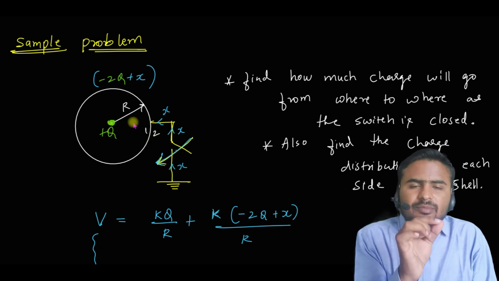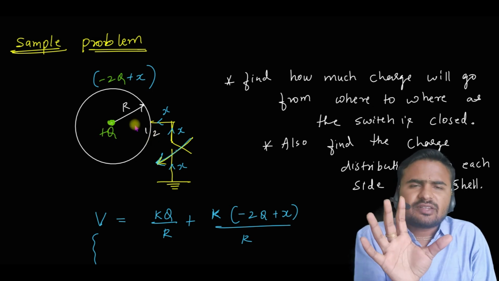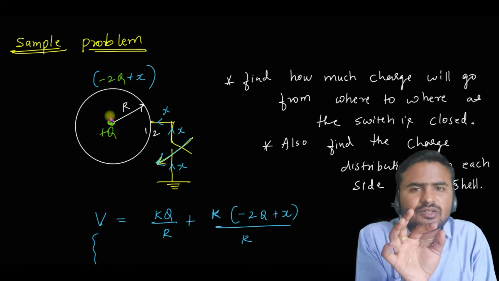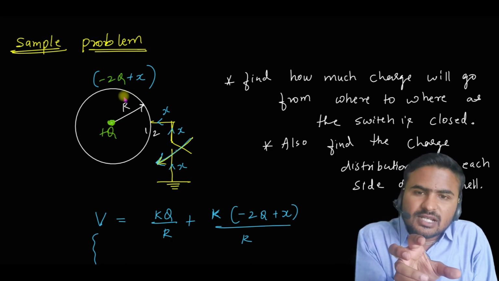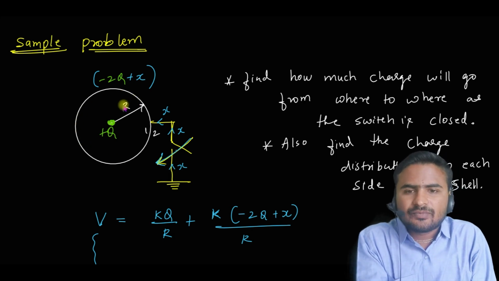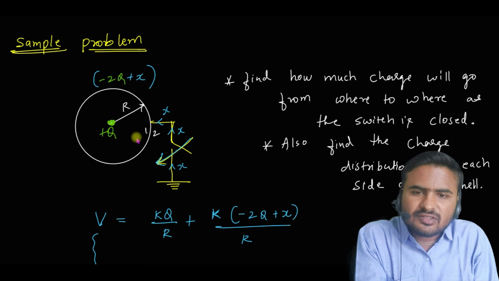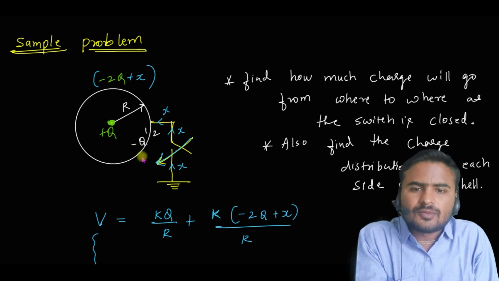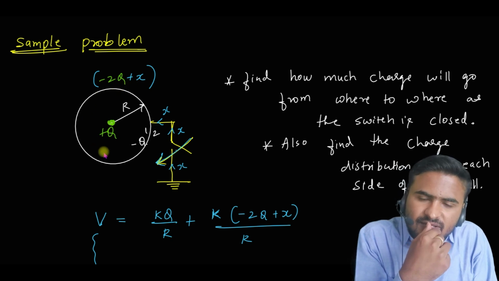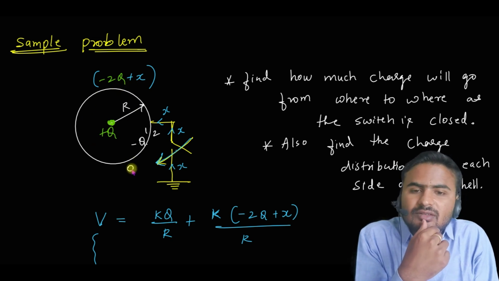See, always remember, one simplest way to understand is, whatever charge you have inside the shell, the same amount of charge but with opposite sign will get induced on the inner surface of this shell. On the inner surface of this shell, the charge that is going to be present is minus q. Now how much is the total charge? Minus q. So in that minus q, the entire minus q is going to be present inside, and how much will be present outside? 0.